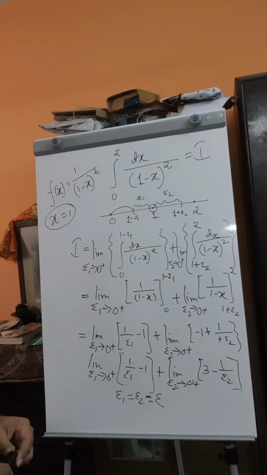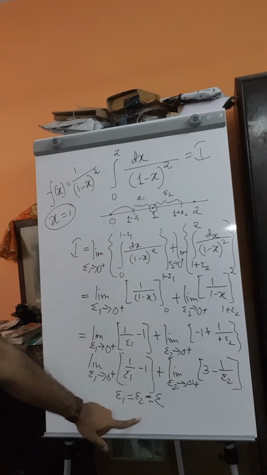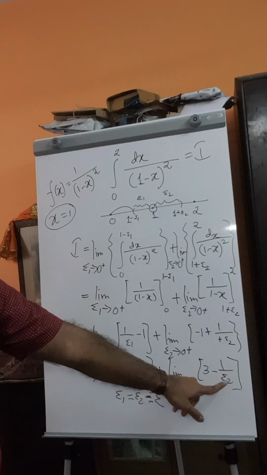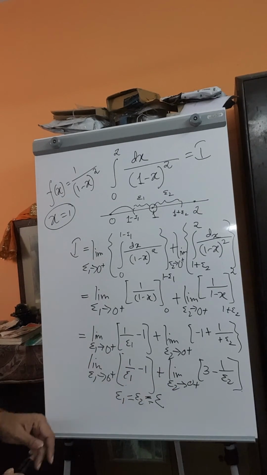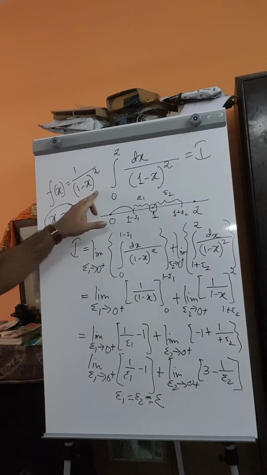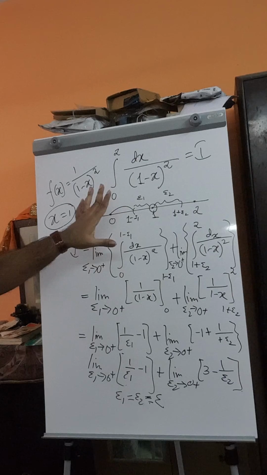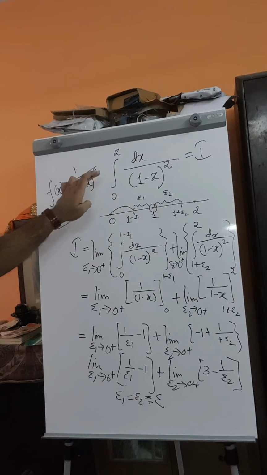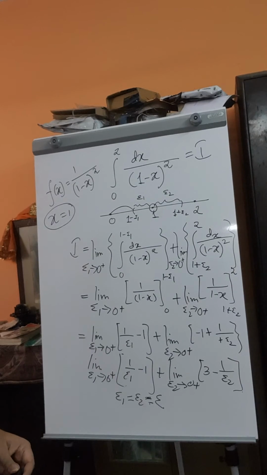But if it so happens that by taking epsilon 1 and epsilon 2 equal we get a finite result because these two terms cancel each other, then that finite result is said to be the Cauchy principal value of this improper integral. Though the improper integral will still be divergent in real sense, we shall say that the improper integral converges in Cauchy sense, and that value is known as the Cauchy principal value.